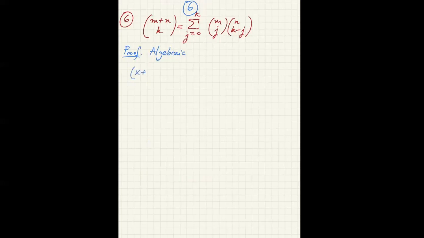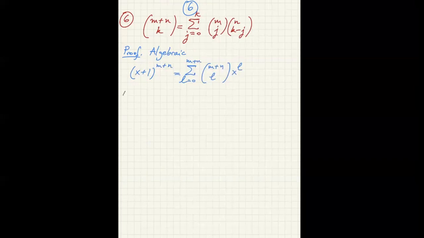If we have this expansion of x plus 1 to the power m plus n, from the binomial formula we know that this equals the summation of L from 0 to m plus n of m plus n choose L, x to the power L. So here we can say that the coefficient of x to the k in this sum is m plus n choose k.